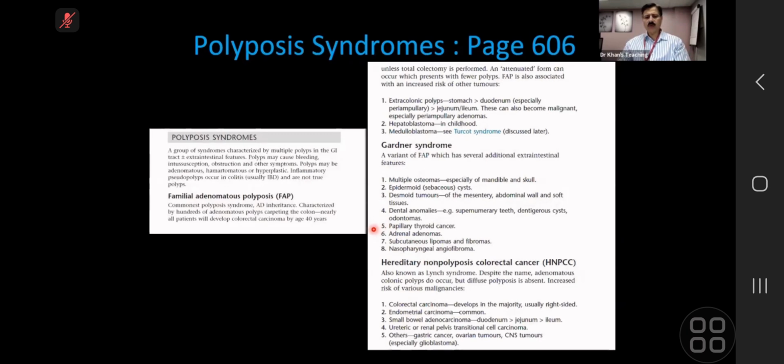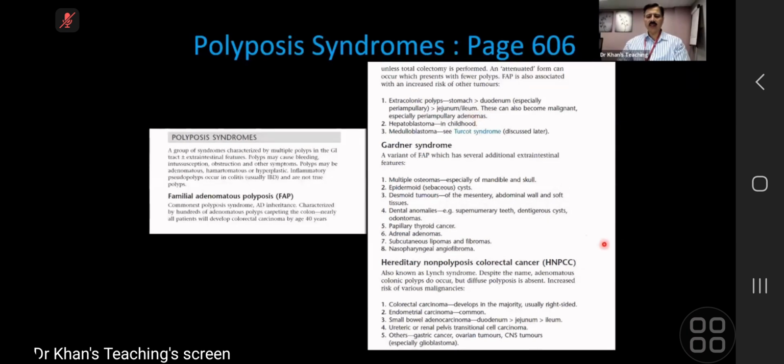Now, point to remember is that other than the colon, polyps can be in other parts of the GIT. Look here, extra-colonic polyps, stomach more than duodenum. Now, in all of these, they can become malignant, particularly in the duodenum.